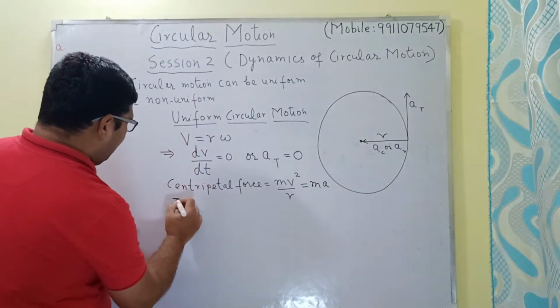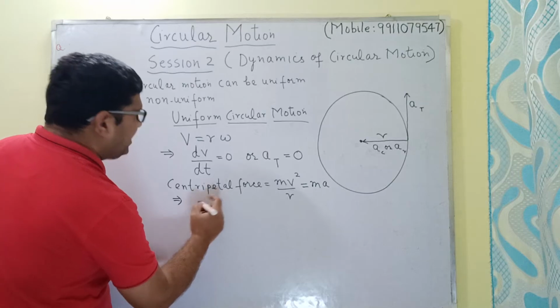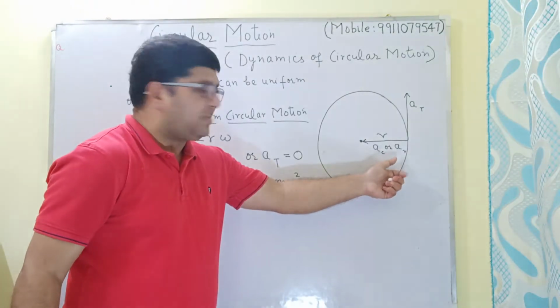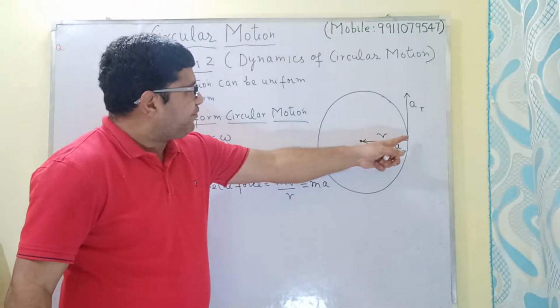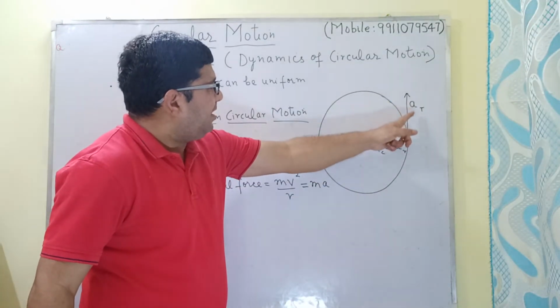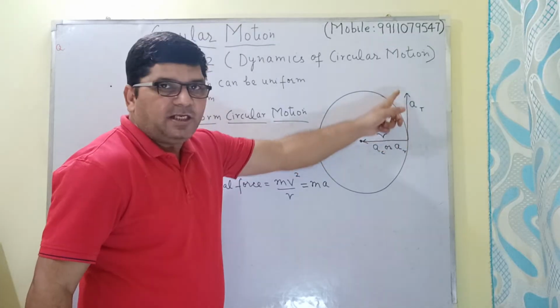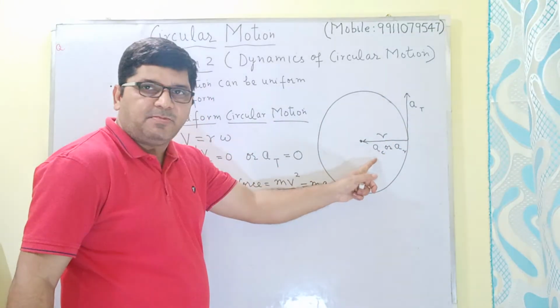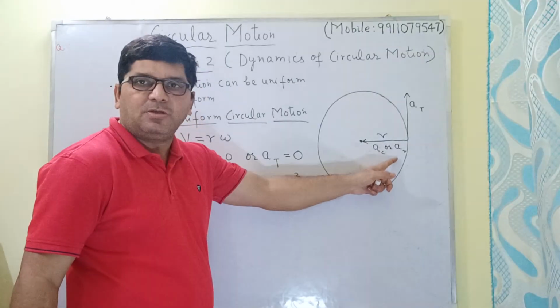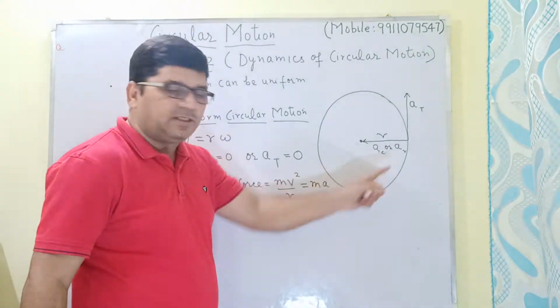So it implies that the centripetal acceleration, here I have drawn one body which is moving in a circle. So at is the tangential acceleration, and AC or AR is the centripetal acceleration, which is also called the radial acceleration.